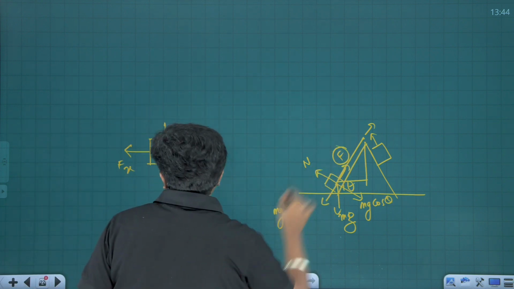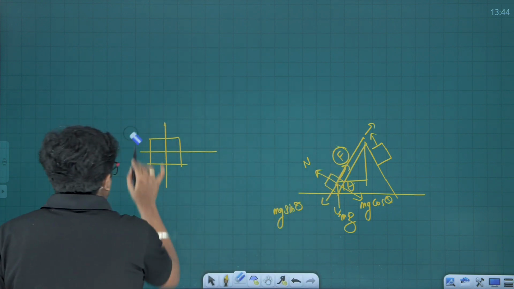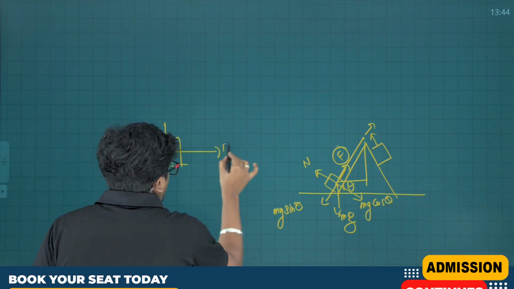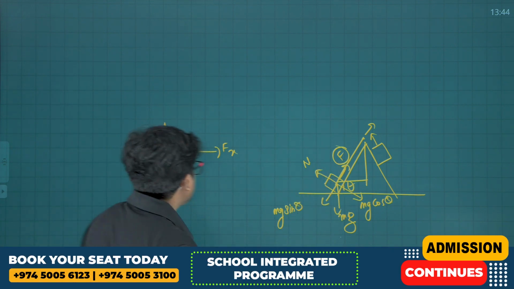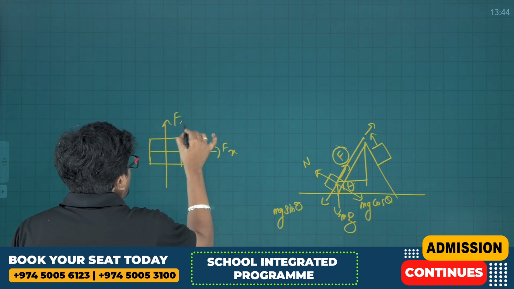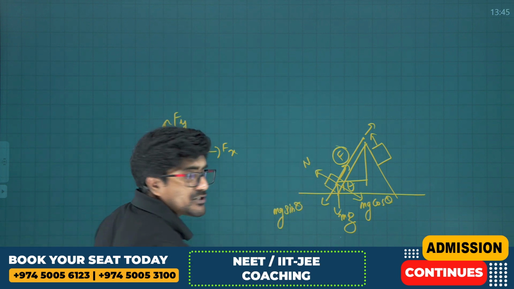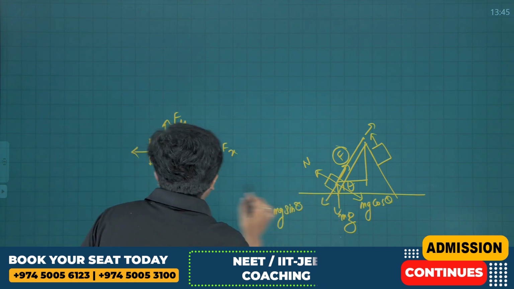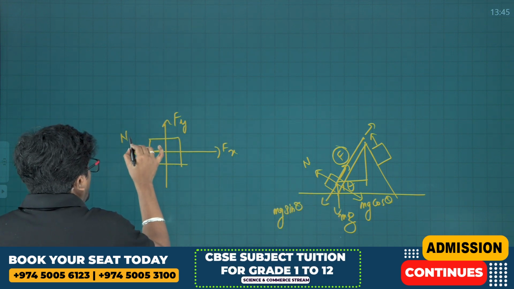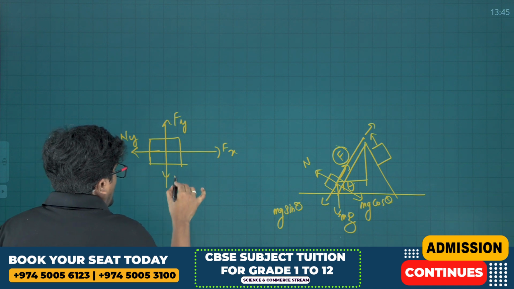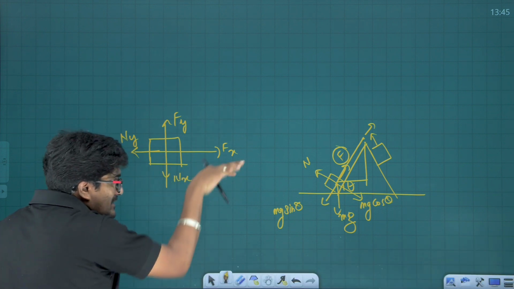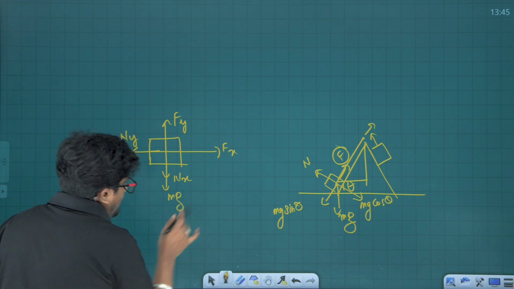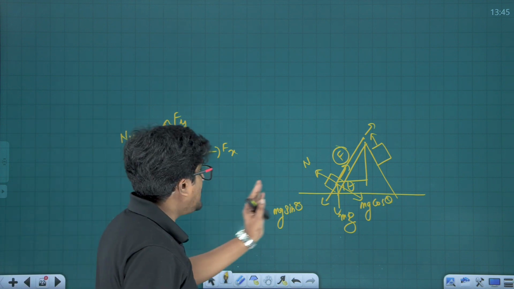Capital Fx towards right first, Fy towards the upward direction, and of course N of y towards left and N of x in the downward direction, and mg in the downward direction.